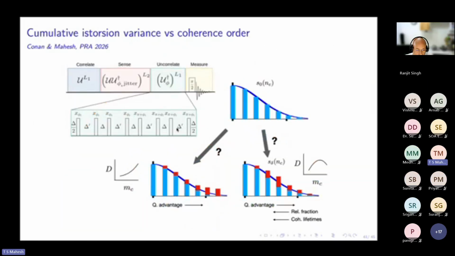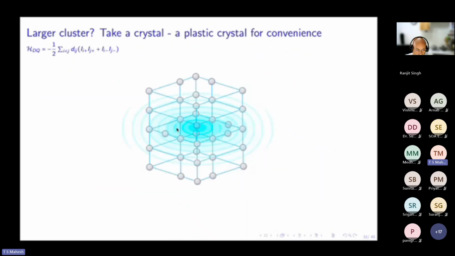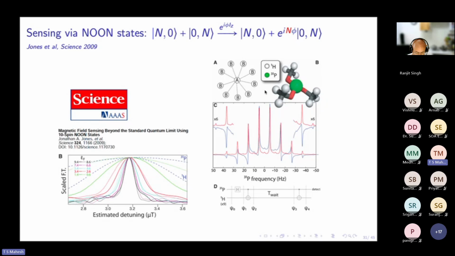NOON states can be prepared very precisely and very efficiently. For example, this architecture is called a star topology system. This is perfectly suitable for preparing NOON states. We have prepared NOON states. Recently, we have one paper on arXiv now, where we have prepared a NOON state of 15 qubits. In fact, we have prepared NOON states of even larger numbers of qubits also.